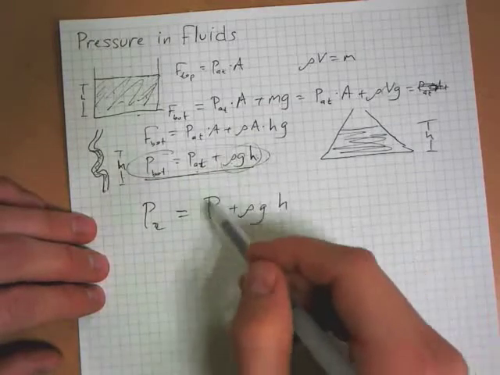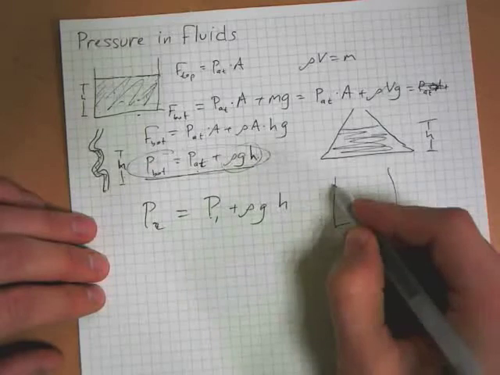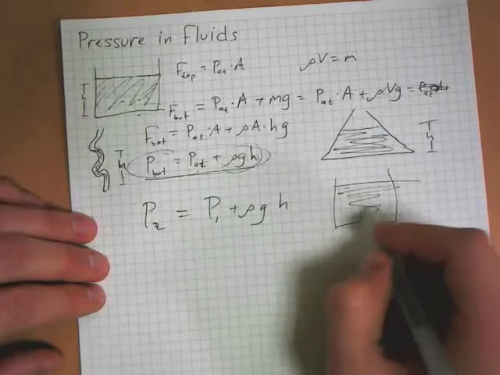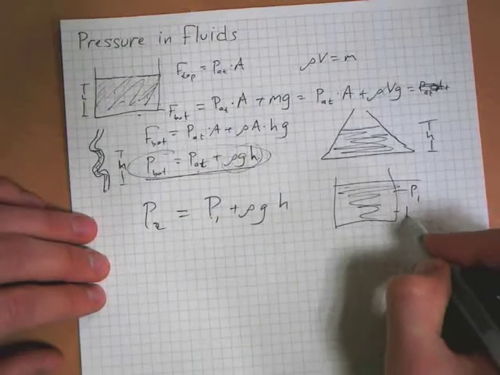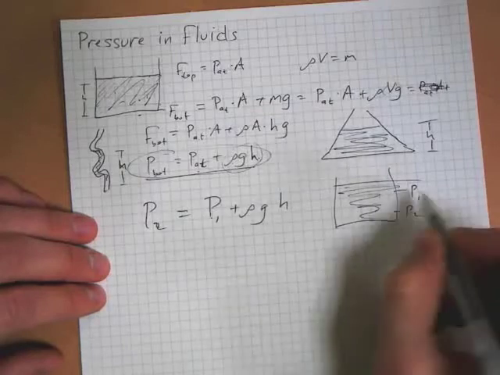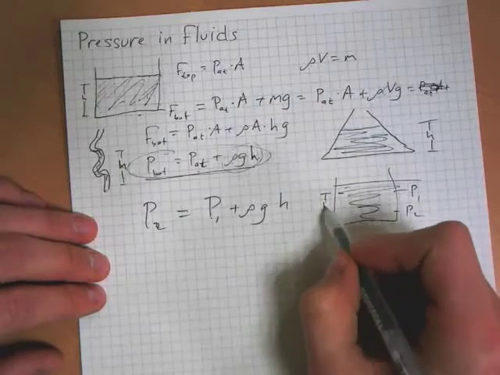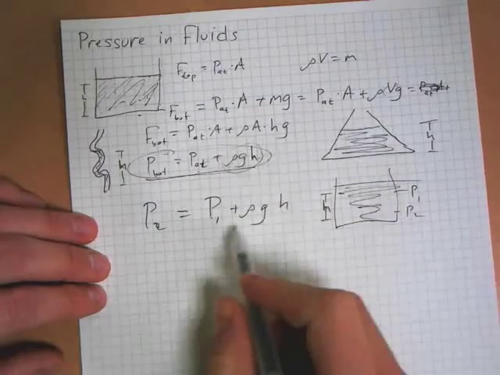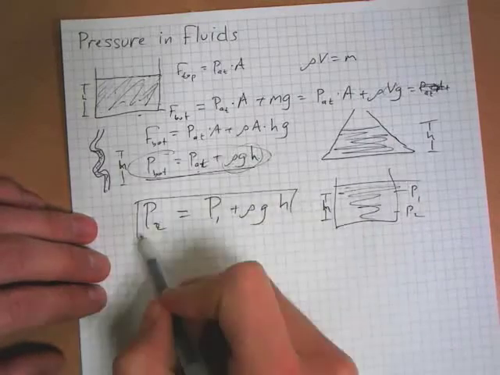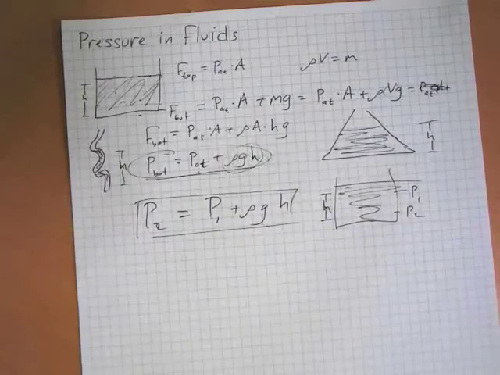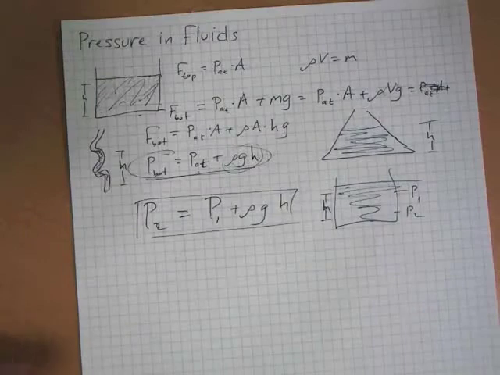So for any point P1 to any point P2 that are separated by some height h, this is the pressure difference between these 2 points.